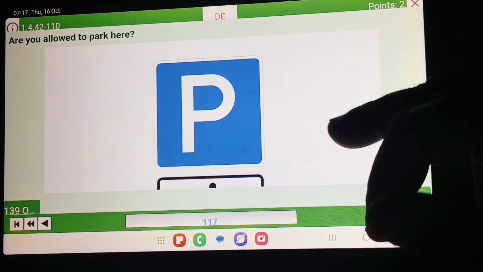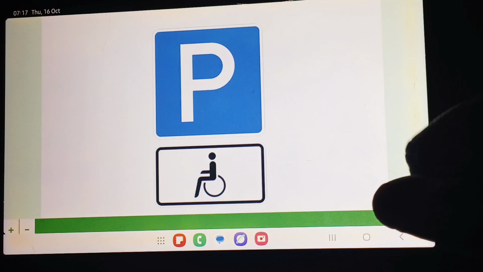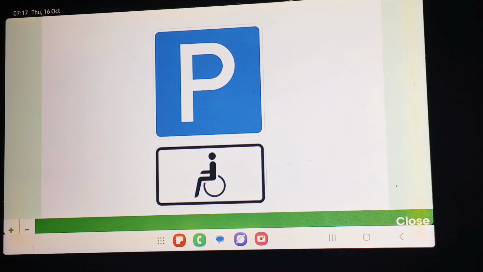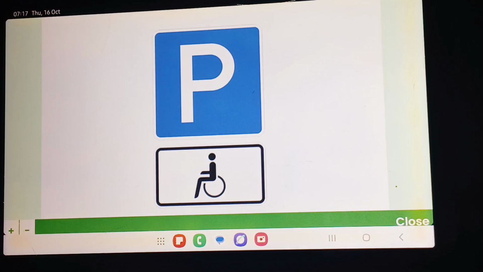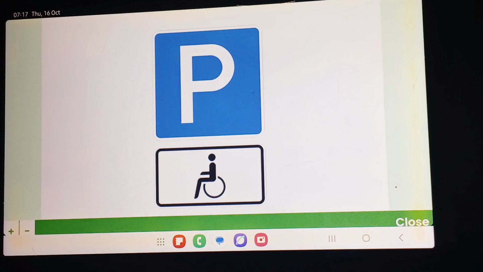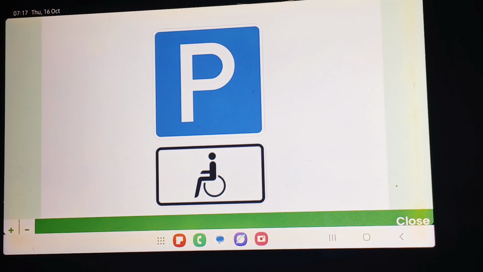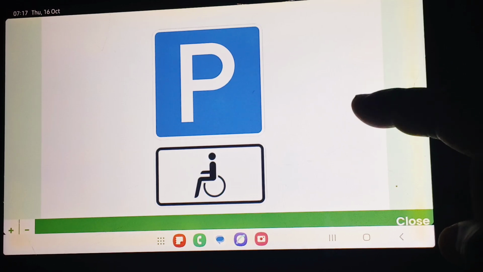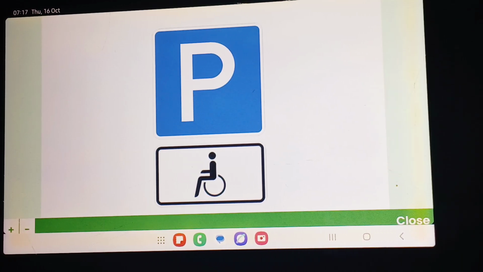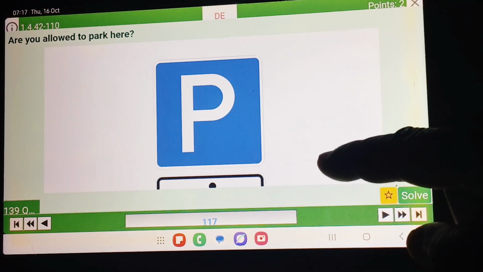Are you allowed to park here? Yes, if you are a disabled person, you can park here. Or if you are transporting a disabled person, you can also park here. But make sure you have a parking permit that allows you to park here for disabled people.